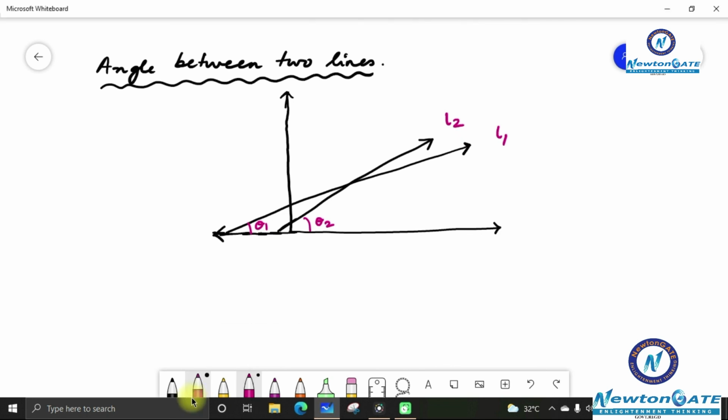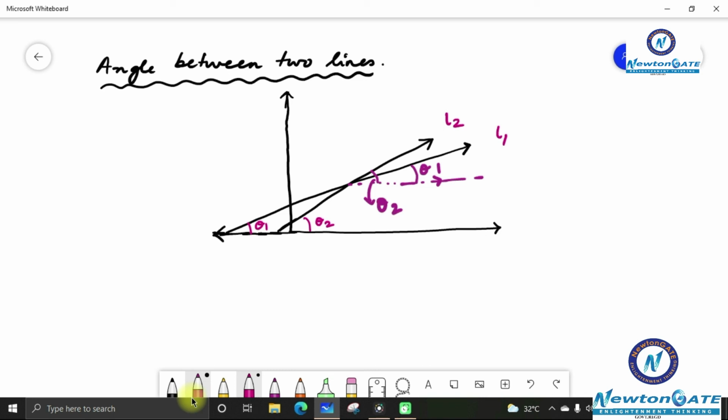If I draw a line parallel to the x-axis, I can actually reduce this angle to a specific region and still get the same thing. Since this line is parallel to the x-axis, we will have this angle to be theta 1 and this whole angle to be theta 2.